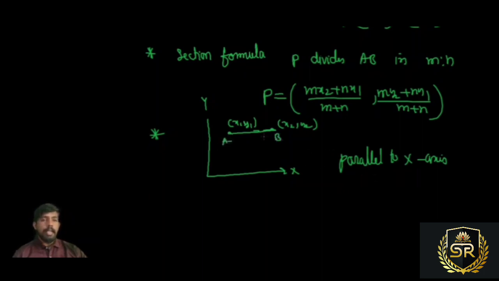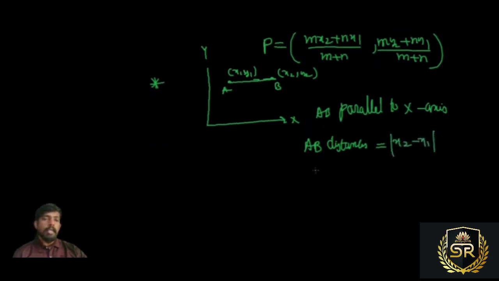If the line AB is parallel to x-axis, then the distance AB is x2 minus x1. Remember this formula.